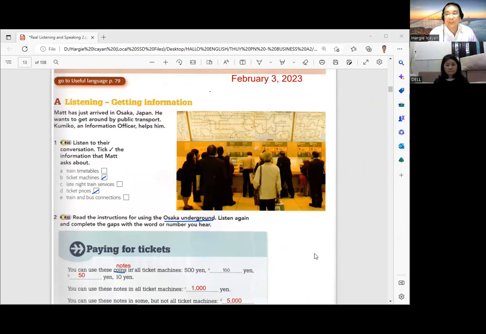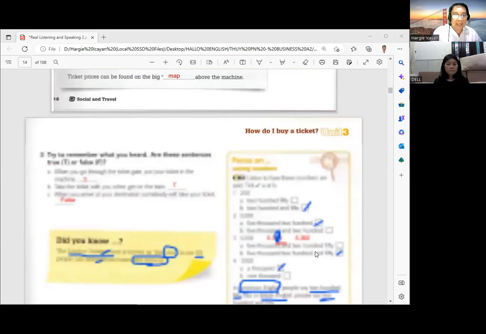We were able to listen to the conversation between Kumiko and Matt on how to get the information on how to buy a ticket for that particular place that it's your first time to go to.